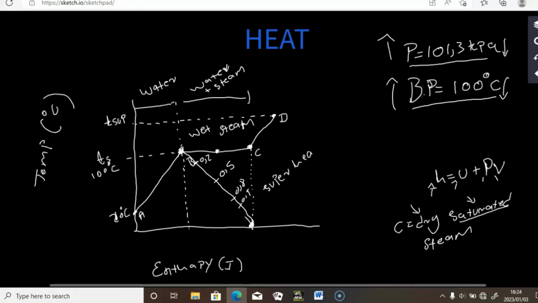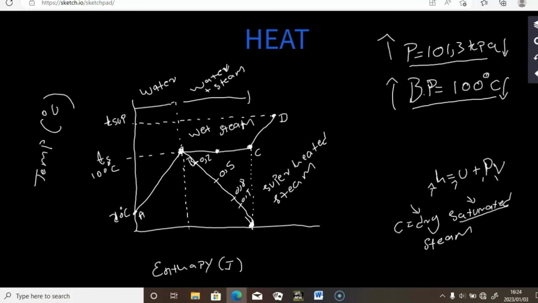The reason why we call it superheated steam is because it has a temperature that is higher than its saturation temperature. Every steam that has a temperature that is higher than its saturation temperature is called superheated steam.